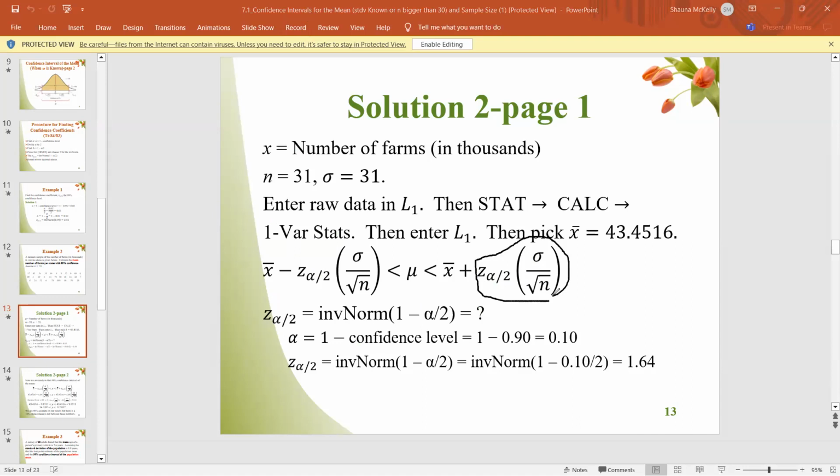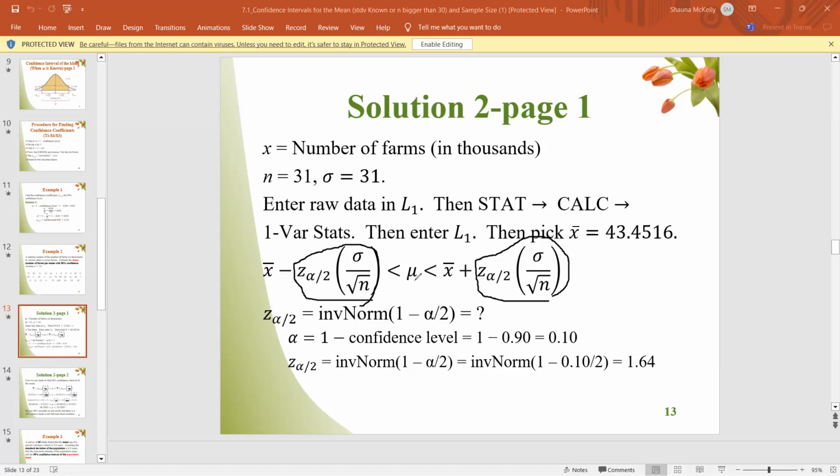X bar for us is 16.6. This piece that I circled and this piece over here are exactly the same. Here we're subtracting it, here we're adding it, because we want a number smaller than the mean and a number larger than the mean, and our population mean will be between the two.